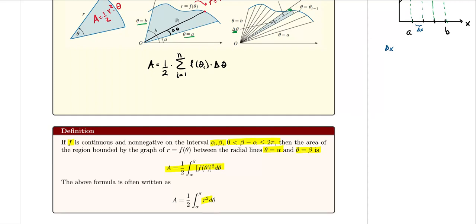Alright, so again, this one was giving us the approximation, but the integral is giving us the exact area. Okay, so let's try a couple of examples here to get comfortable with the formula.